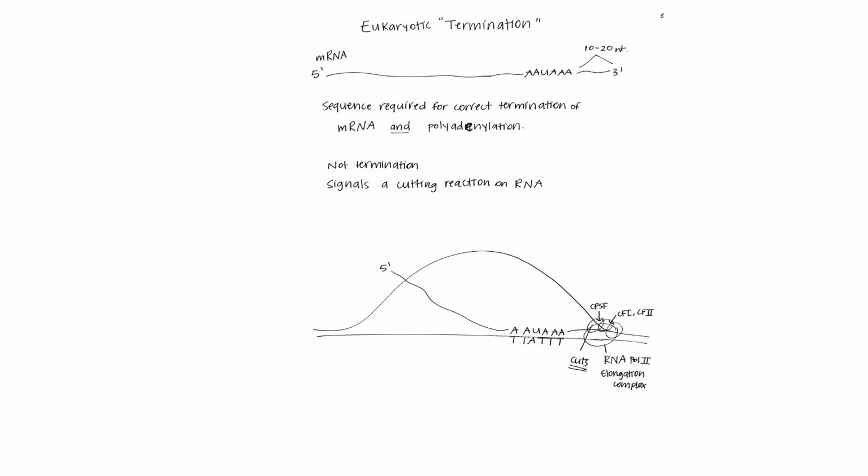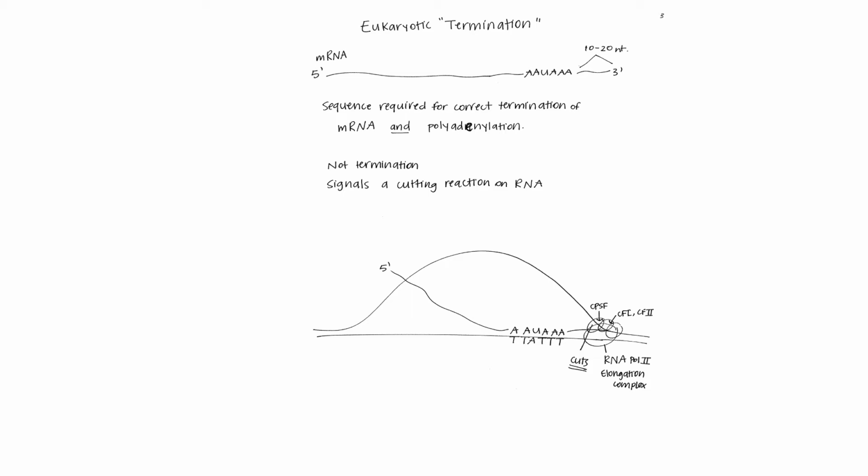But if you look at the end of the message, 10 to 20 nucleotides from the 3' end is the sequence AAUAAA. It's pretty invariable. That sequence is required for two things to happen.